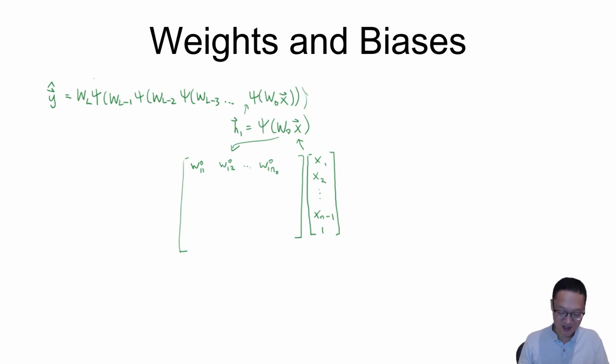In this case, we're starting from the very beginning, so the previous feature is just x, and this goes all the way up to n minus 1. That's why we have commas here. And then at the end we have a b0. That's the first row, and the second row is going to be the same thing.